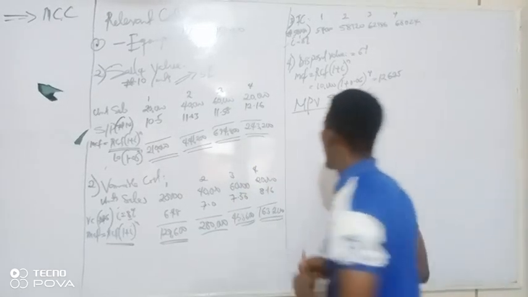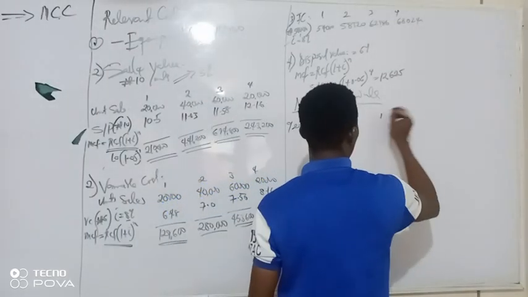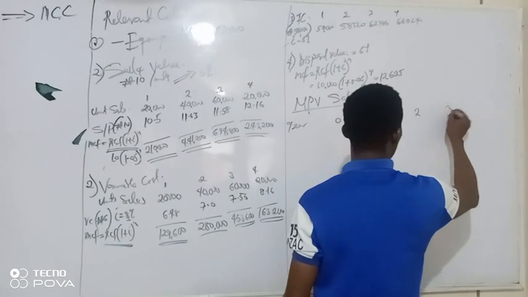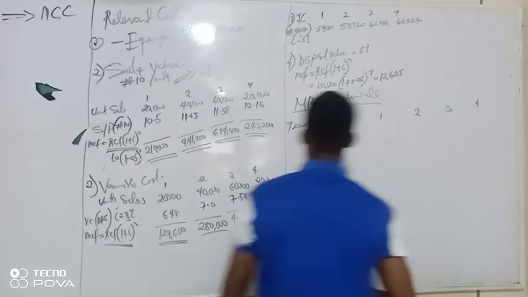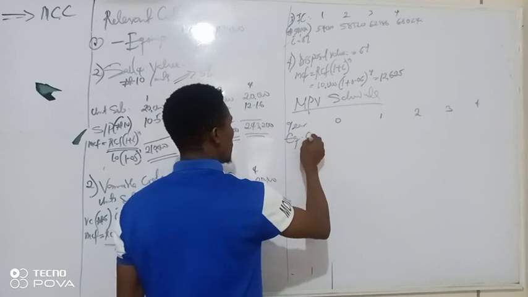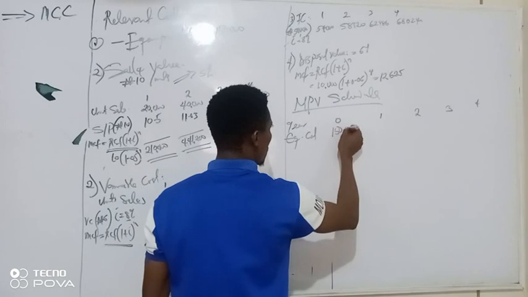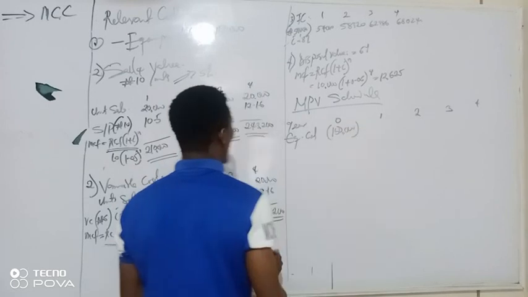So in that case, we have year 0, year 1, year 2, year 3, and year 4. Our equipment cost is 150,000.